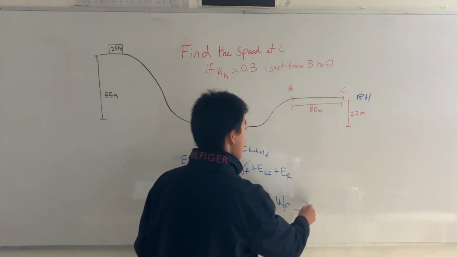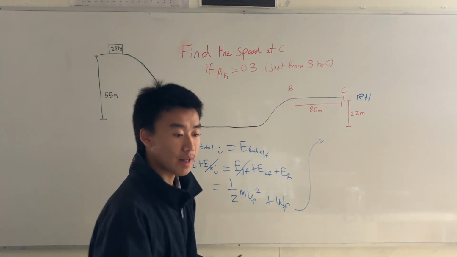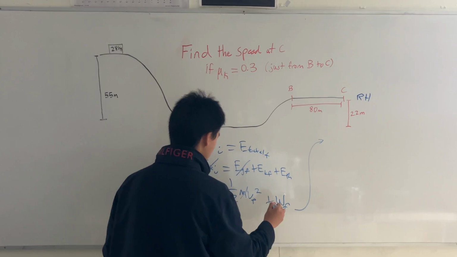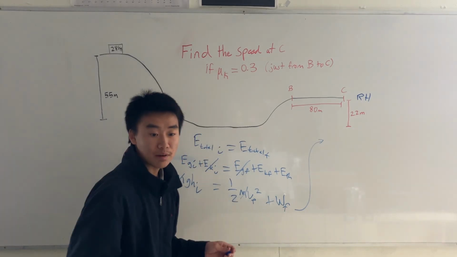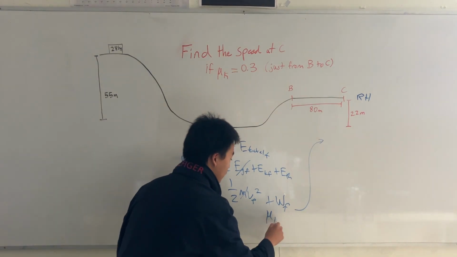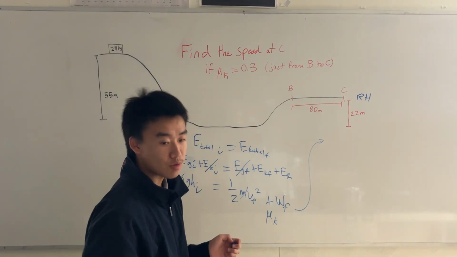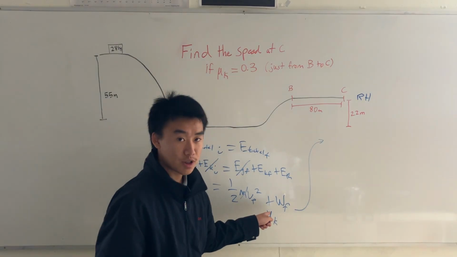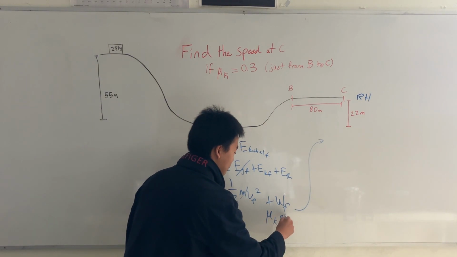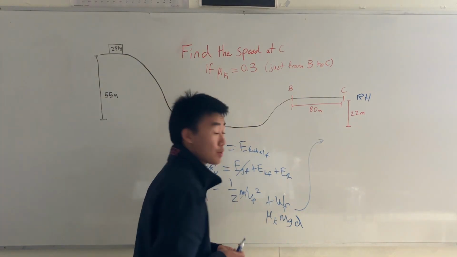Now we'll carry this over here. Before we take our mass, remember the thermal energy is equal to the magnitude of the work done by friction. So the work done by friction, remember, is the kinetic coefficient times mg and our displacement.